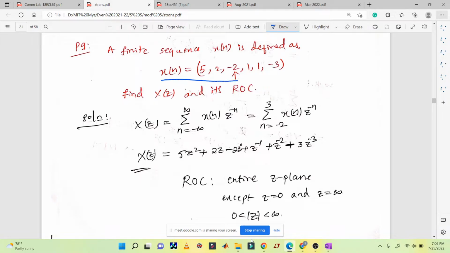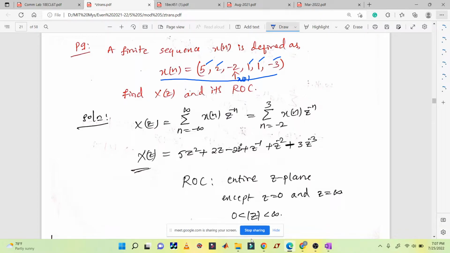x of n is given by 5, 2, minus 2, 1, 1, minus 3. So this is x of 0, this is x of 1, x of 2, x of 3, whereas this one is x of minus 1, x of minus 2.